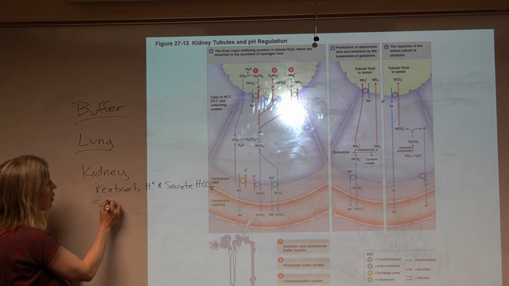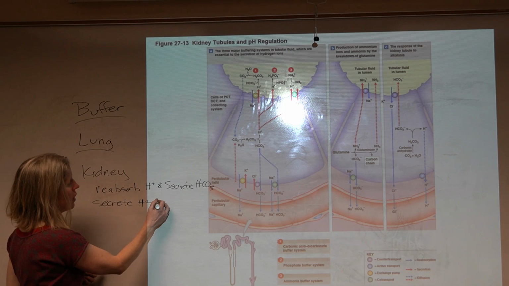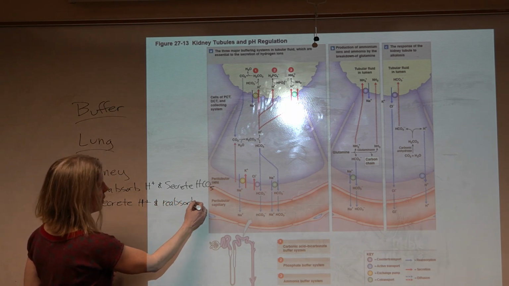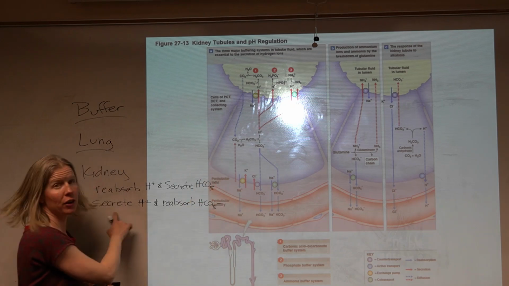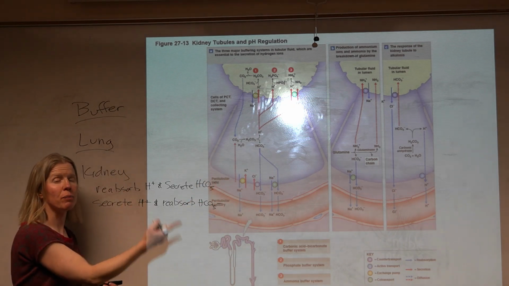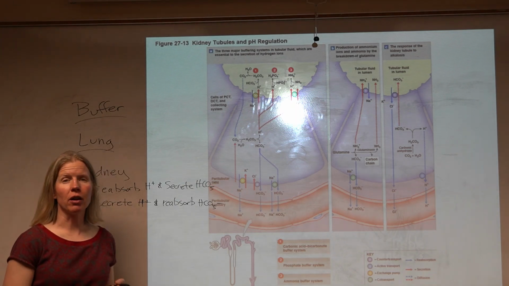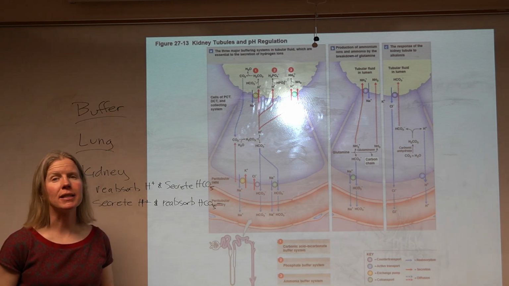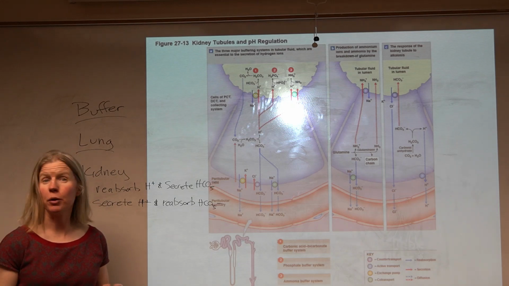Or do we want to secrete hydrogen and reabsorb bicarbonate like we see over here, right? So if blood pH drops too low, you can secrete it, okay? So all three of these systems, the buffers, the lung, and the kidney, are going to work together to help us maintain this very important parameter, blood pH.